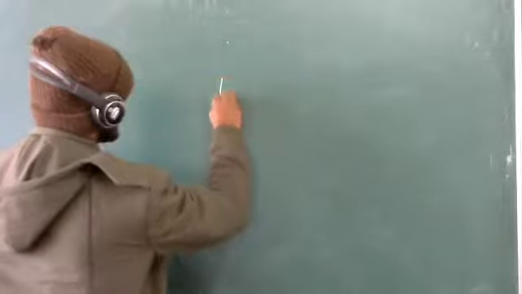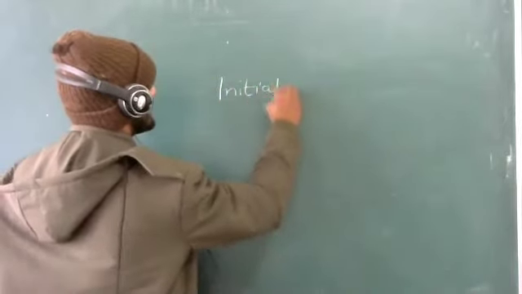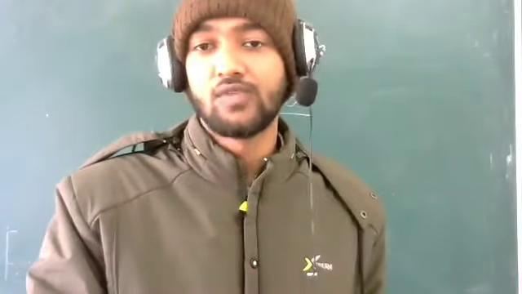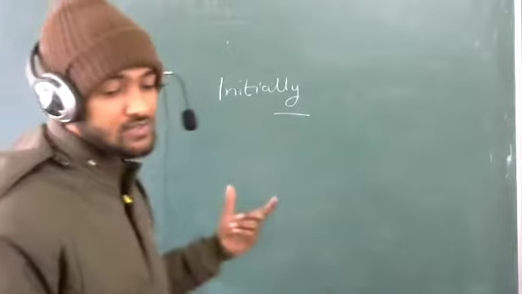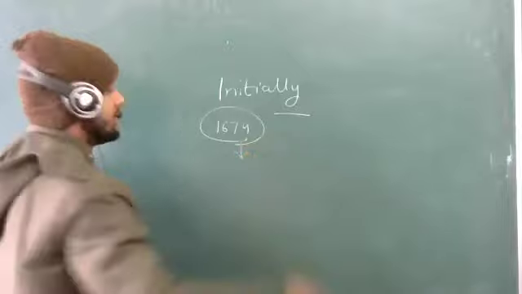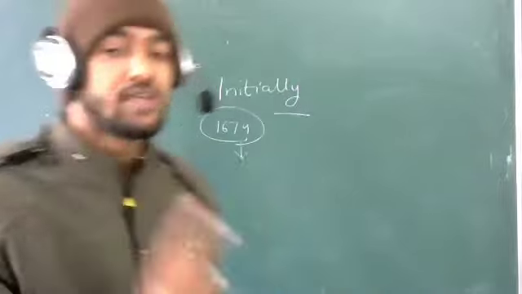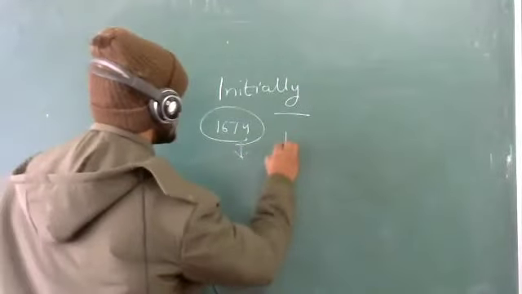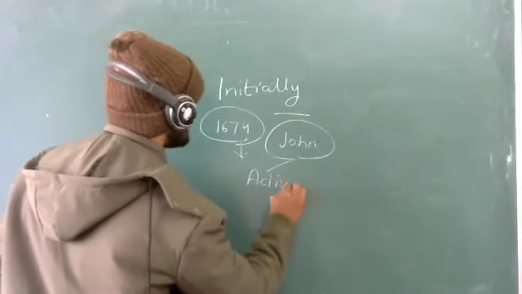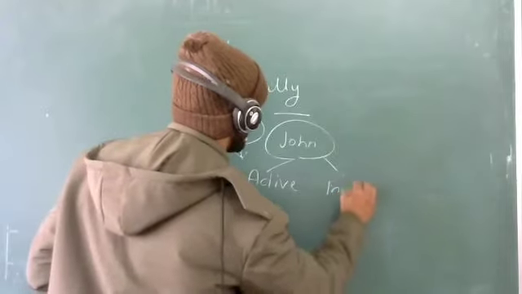He considered that air consists of two components, one active and one inactive. So initially it was considered that air is an element, but in 1674 John Mayow proposed that air is made up of two components, one active component and another inactive component.